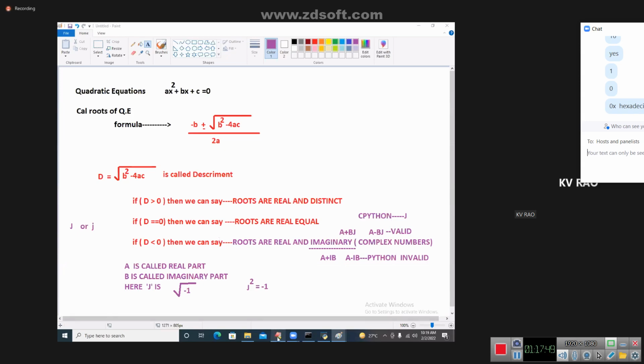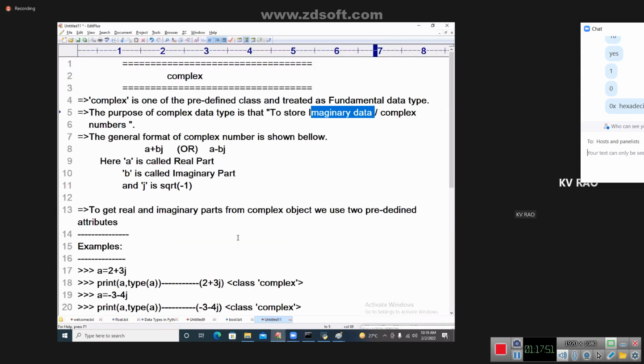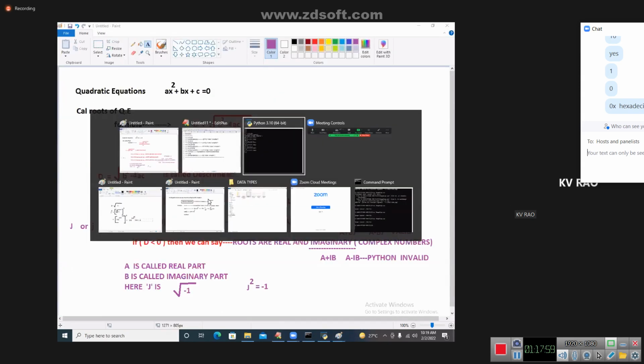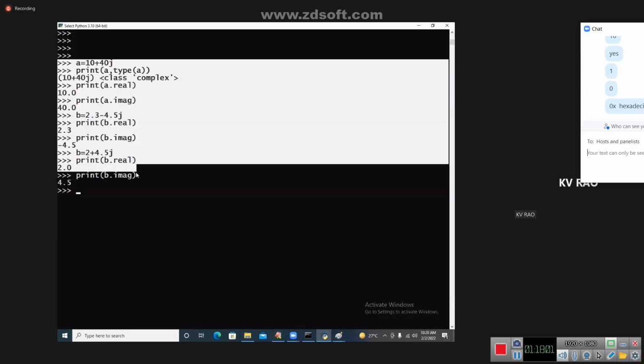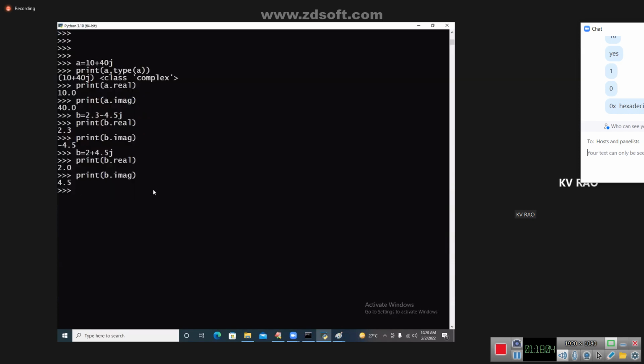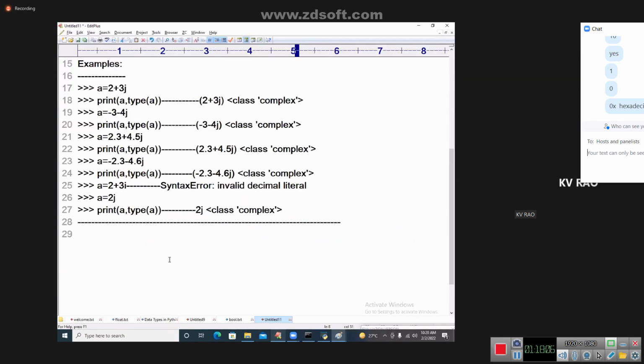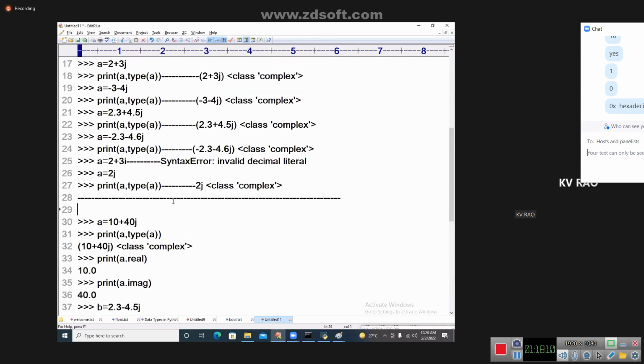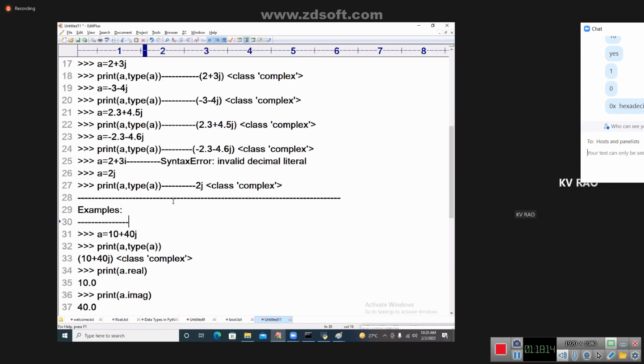Coming back to the point, this is a plus bj and a minus bj. Now we get into this level of operations. Let me mention another example.